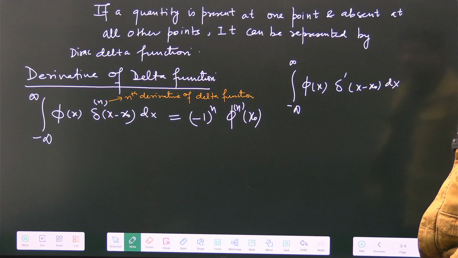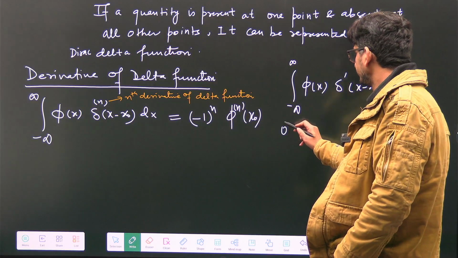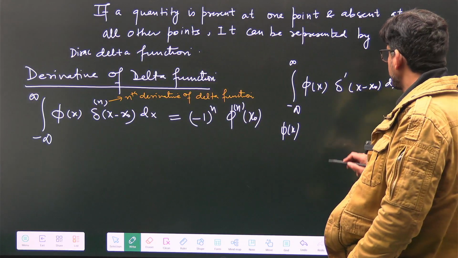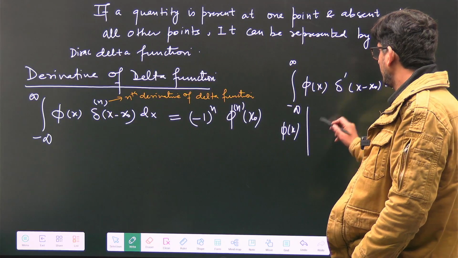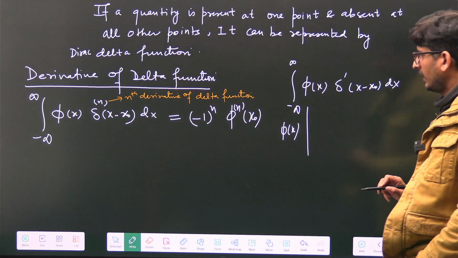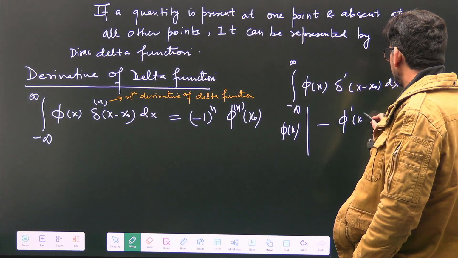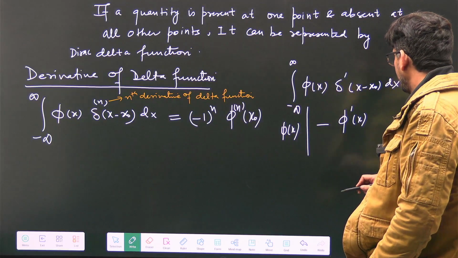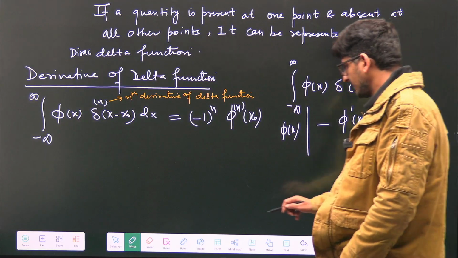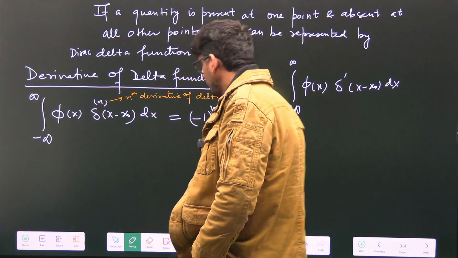ठीक है, तो how I will do it? First function, integration of second, and this integration will be 1, and minus derivative of first function and integral of second. जैसे करते हो ना नॉर्मली इंटीग्रेशन वैसे करो. हाउ वी डू द इंटीग्रल्स?